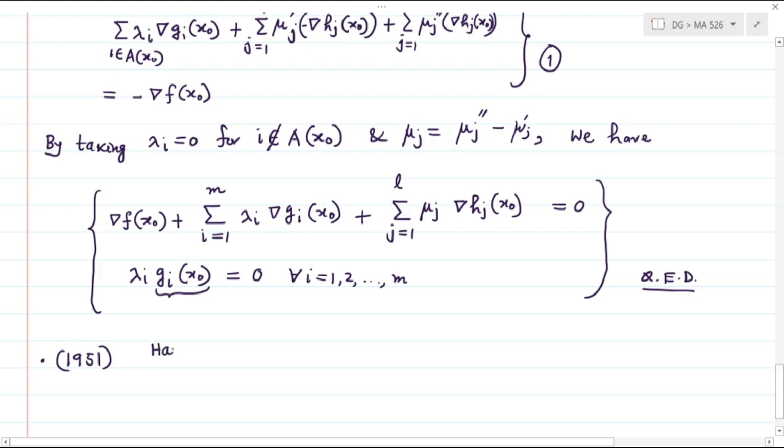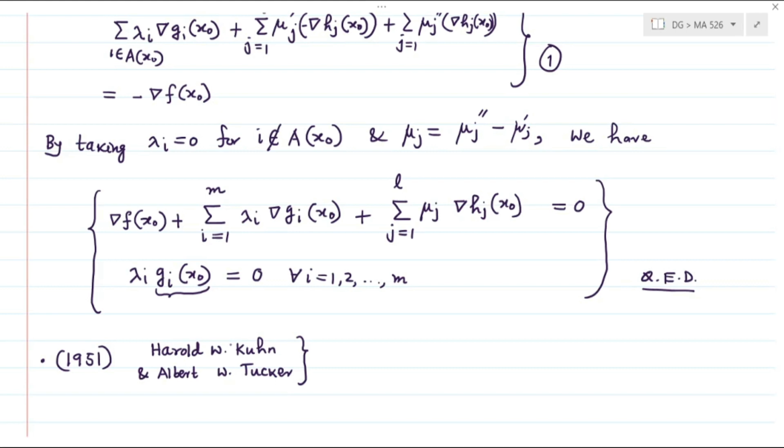Those are Harold William Kuhn and Albert William Tucker. They approached several journals, and Duke Mathematical Journal rejected the paper. Later on, being very frustrated, they published this article in the Second Berkeley Symposium on Mathematical Statistics and Probability.